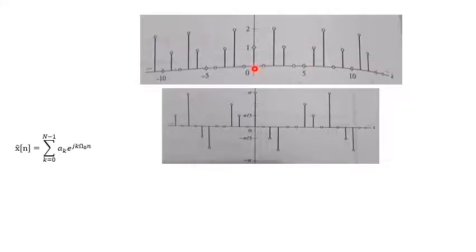So that means its period is 0 to 5. So 0 to 5 means it has a period of how much? Is it 6? No, it's not, because it's not repeating at this.